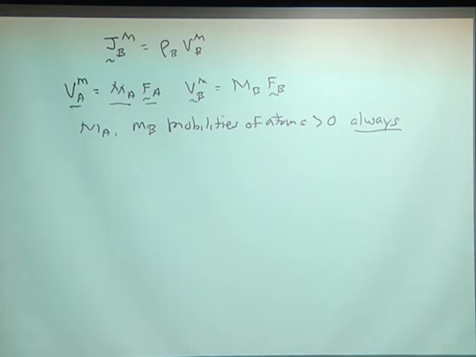And so you can write the flux of A in this marker frame is going to be given by, and the flux of component B in this marker frame.